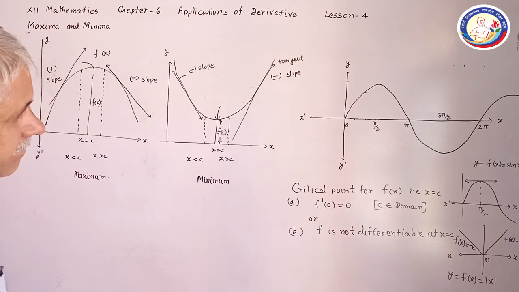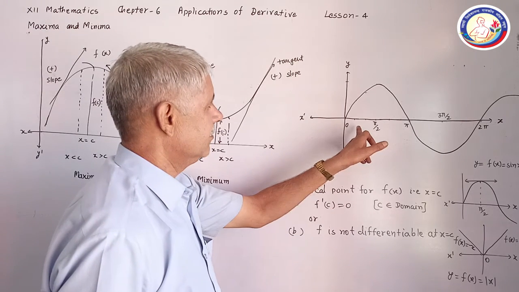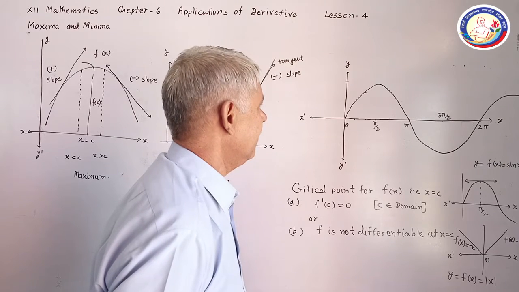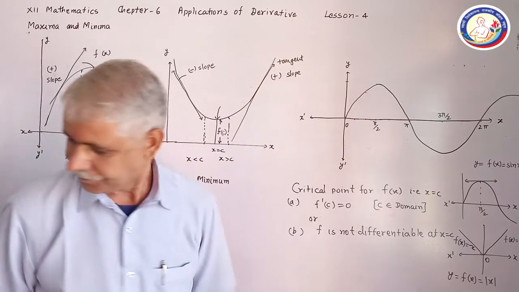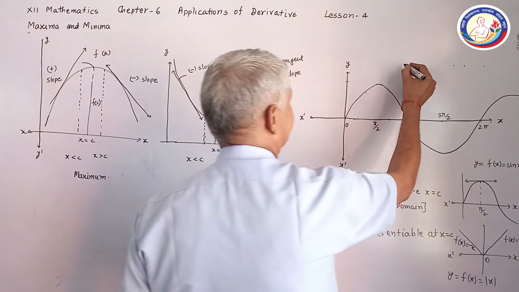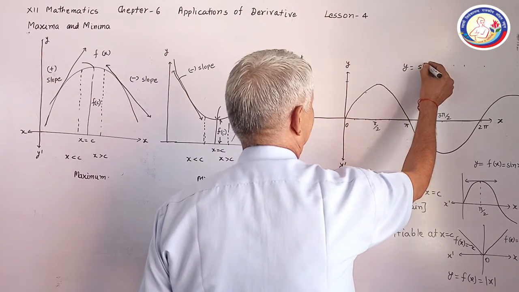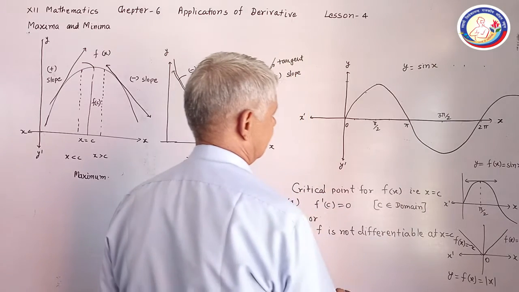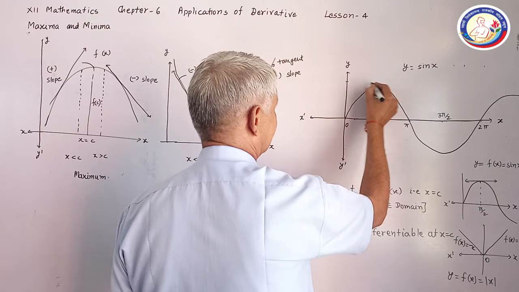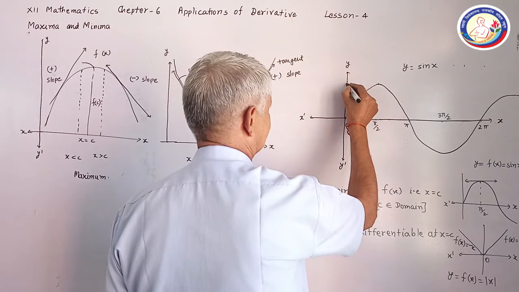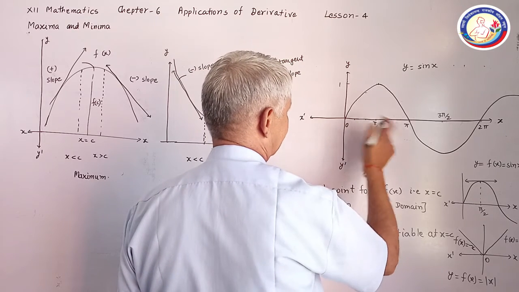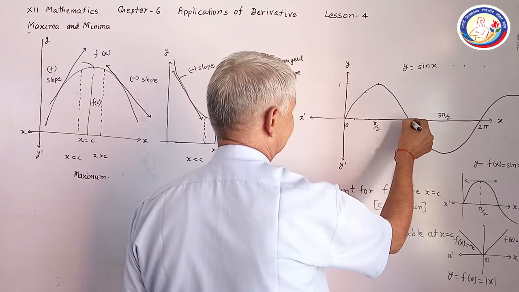See here, this is a graph for sin x. At pi by 2, the value of the function is 1. And at pi, it is 0.